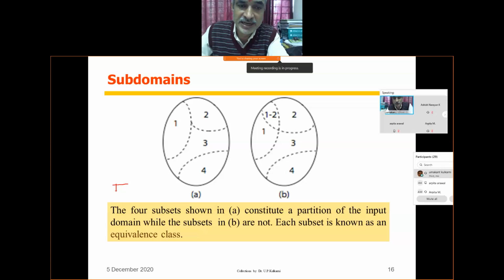Consider that you have a programming statement: if age greater than 18, then do something here, otherwise something else. This is the else part. Are you getting this particular code? Are you visualizing this, Ashish?